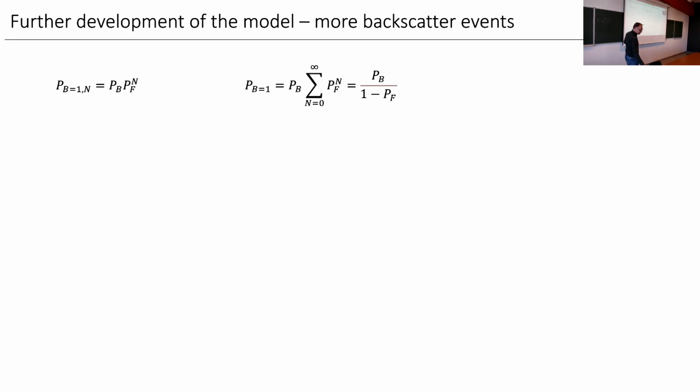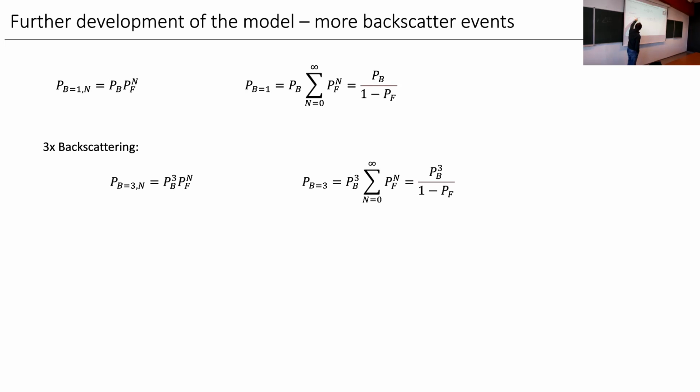Here, if you would include 3 backscatter events, based on absorption scaling simply because it will scale with the probability of backscatter power. So in the end, it will only modify the denominator of the expression: backscatter probability to the third power.